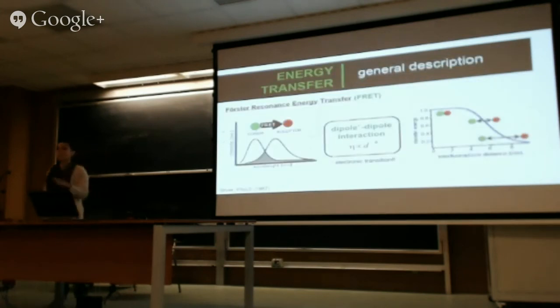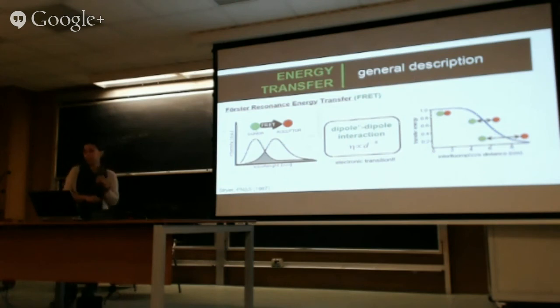Now that I have presented the two different elements of my hybrid system, I put them together, and as I said before, what happens is that we have energy transfer from the excited molecule to graphene. Energy transfer is a pretty well-known mechanism, at least for those working with this stuff. It's known since the 70s, and usually it's used to describe the interaction between two fluorescent molecules.